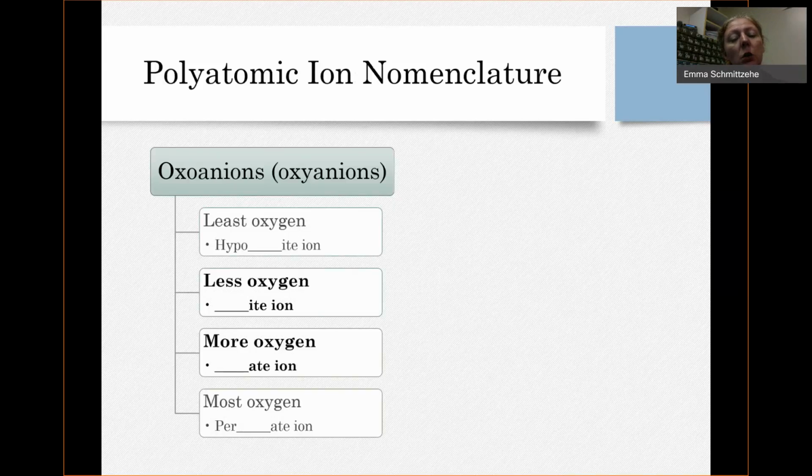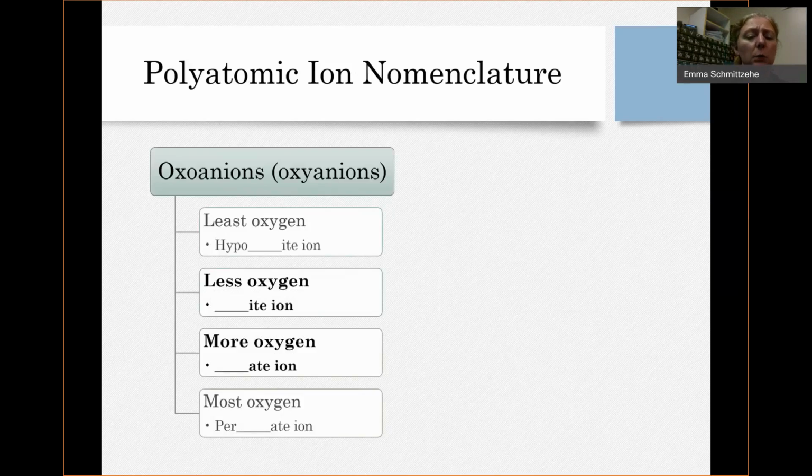In this systematic, it's a swapping out of the endings of the element name of whatever is attached to oxygen. You take the element name for whatever's attached to oxygen, get rid of the end of the name, and swap it out for either ite ion or ate ion. And that gives you your names.